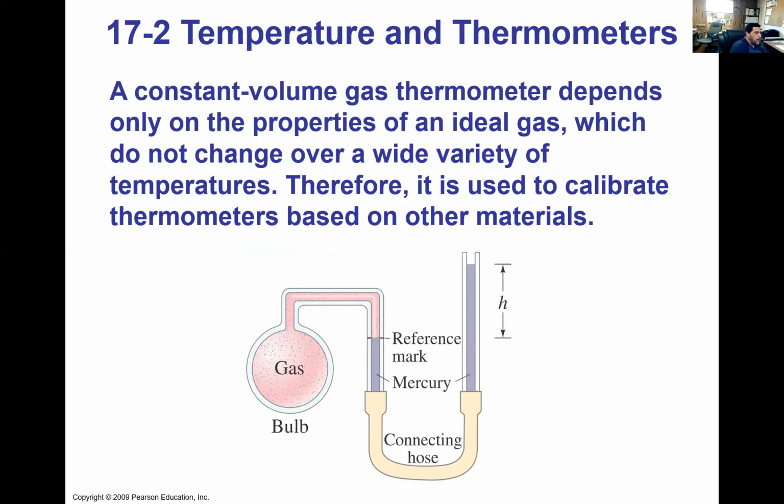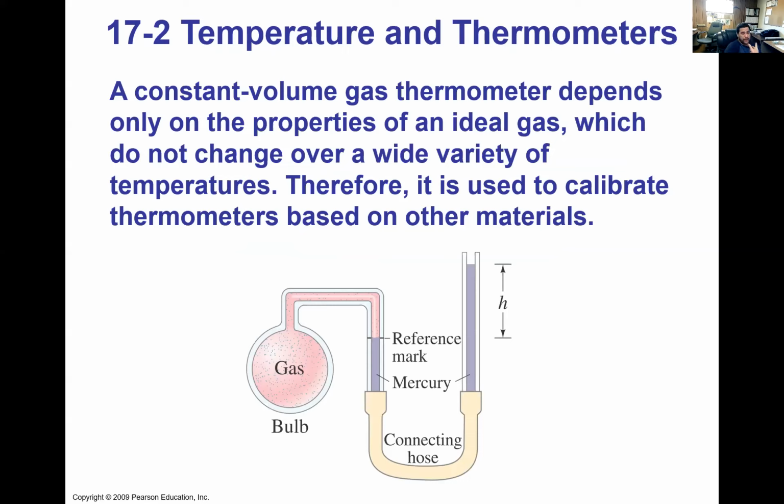So temperatures and thermometers. A constant volume gas thermometer depends only on the properties of an ideal gas, okay? Those properties do not change over a very wide variety of temperatures.